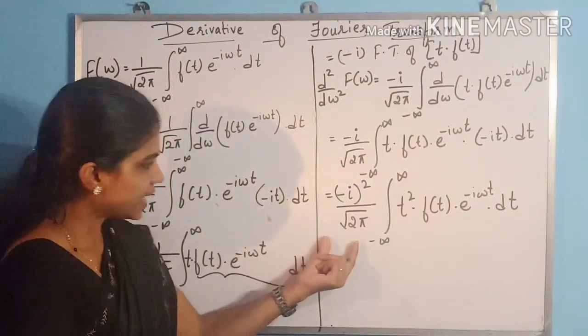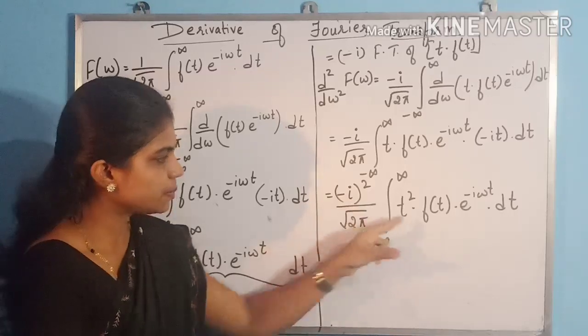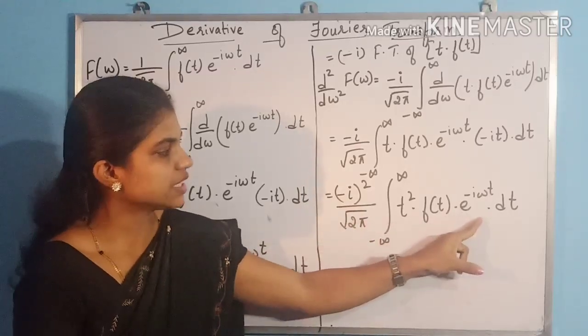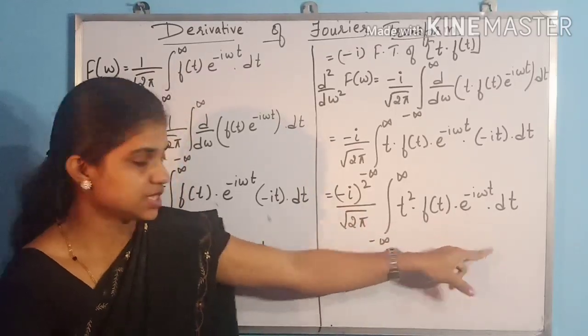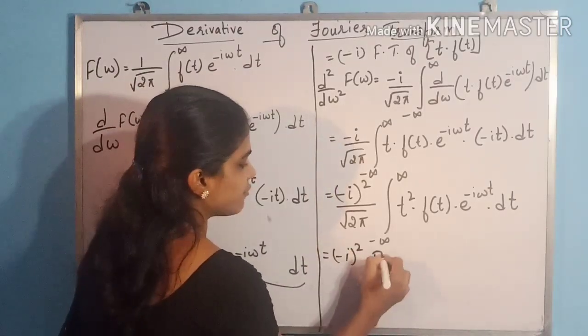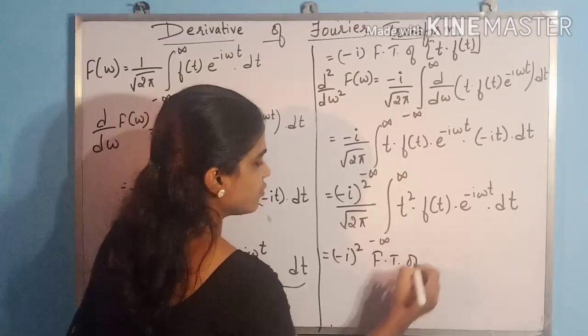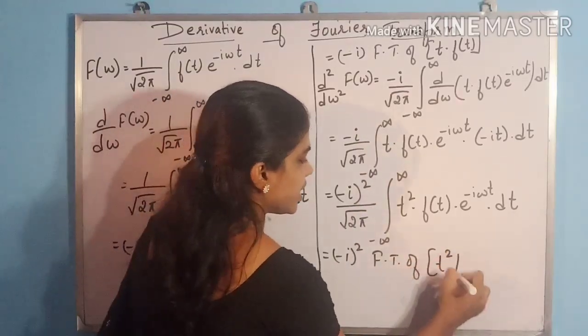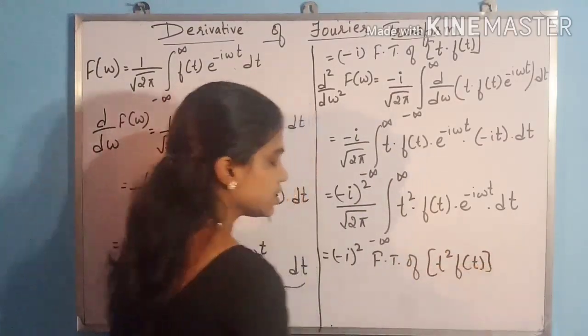Right? So again, it's nothing but 1 by root 2 pi t square f(t) e to the power minus i omega t dt. I can write this as minus i the whole square times the Fourier transform of t square f(t).